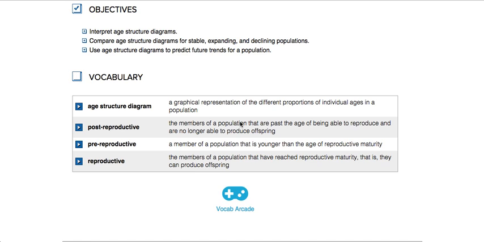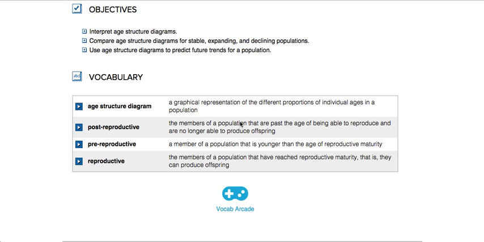So the goals, obviously, for the project in alignment with the lesson would be for you to interpret age structure diagrams, be able to compare age structure diagrams as they relate to populations that are stable, expanding, or in decline, and then be able to take those age structure diagrams and use them to predict future trends with regards to population growth. So that's really the crux of this assignment as well as the lesson.